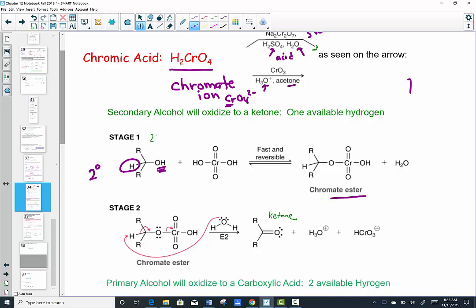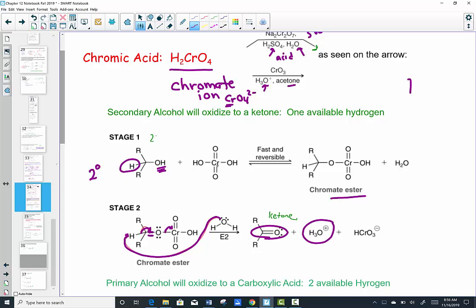That's the fast reversible reaction. In stage 2, here's the job of the solvent water. In an elimination process, it is going to abstract that hydrogen. See how it's generating the acid catalyst again? Forcing this bond to collapse, and the leaving group leaves. And there's the pi bond that forms the ketone.